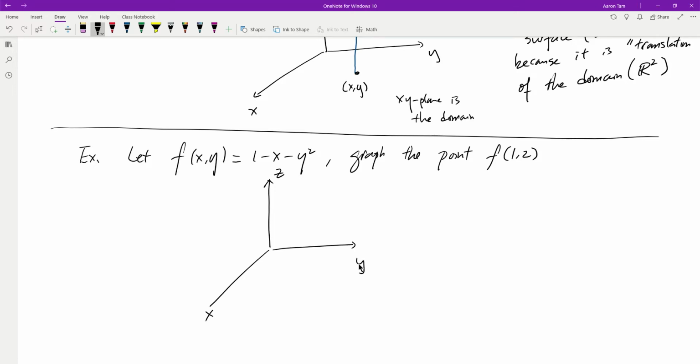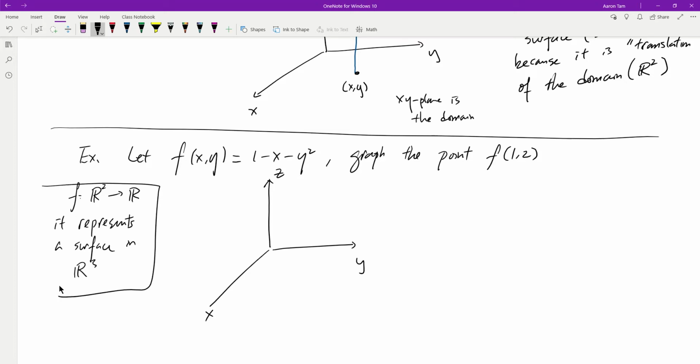So I do know that it has to be in R3. Why? Because function f maps from R2 to R. Therefore, it represents a surface in R3. So how do I actually identify where the point f of 1, 2 is? Well, it's very simple. You first identify 1, 2.